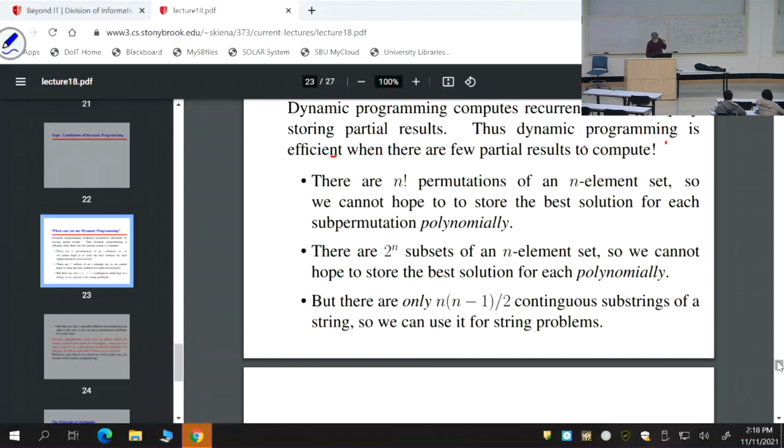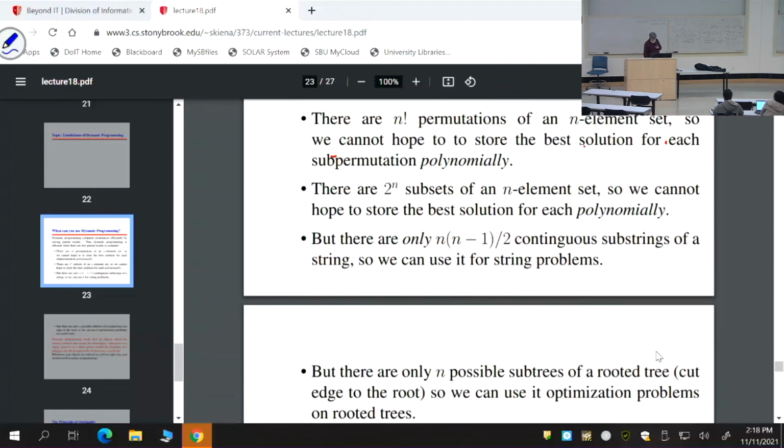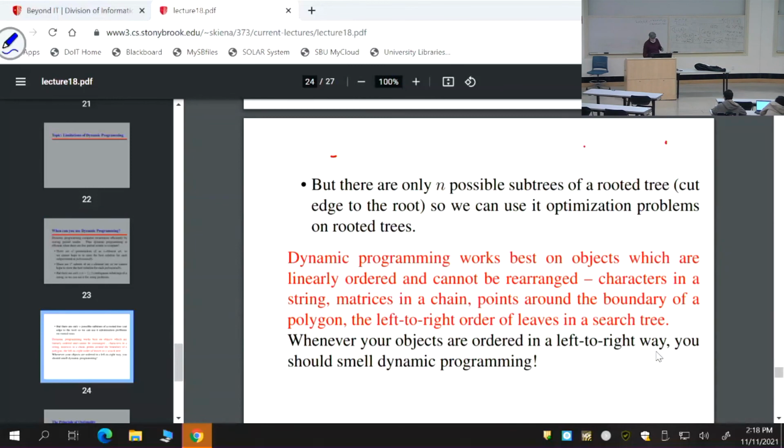When there is a linear order on the things, like strings, like tree leaves, if they're properly embedded, you will only have a small number of distinct possibilities. When you have something that is linearly ordered and can't be rearranged, that's when I start to smell dynamic programming. Any questions?